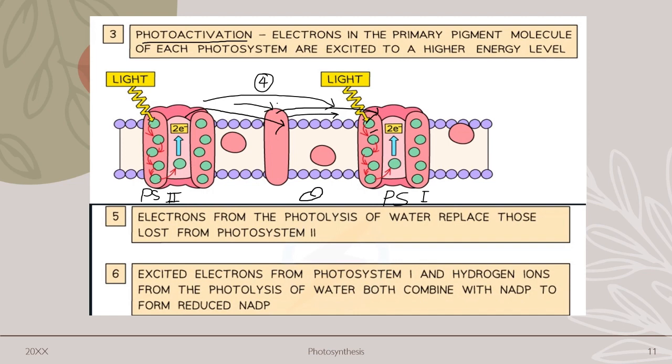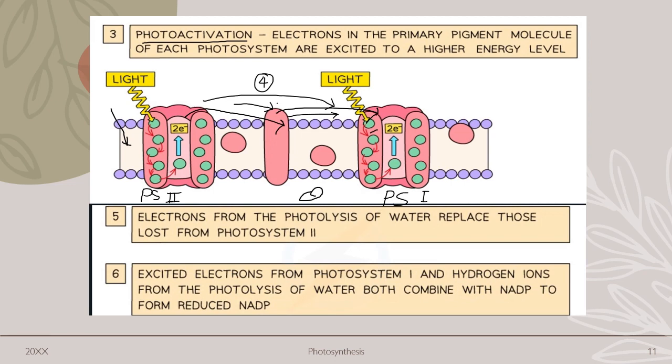After that, the electrons are transported from photosystem 2 into photosystem 1. The electrons lost from photosystem 2 are replaced by photolysis.